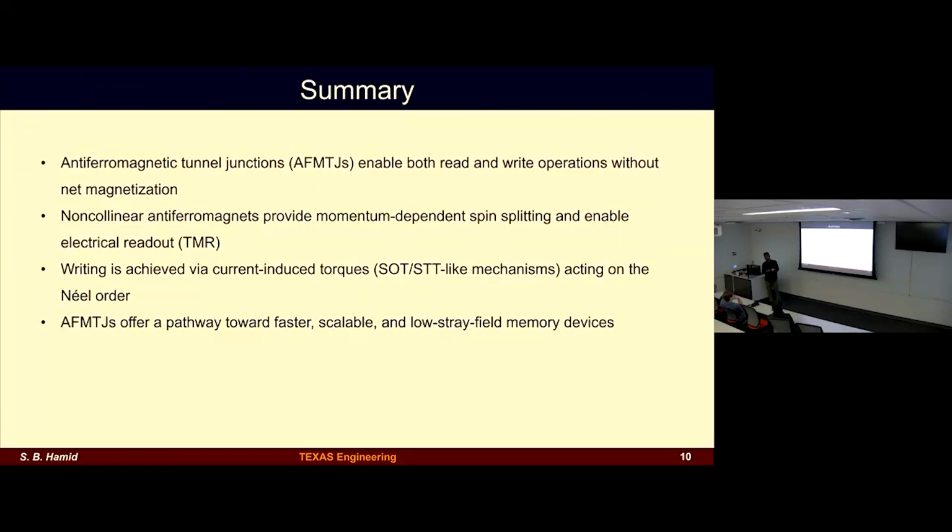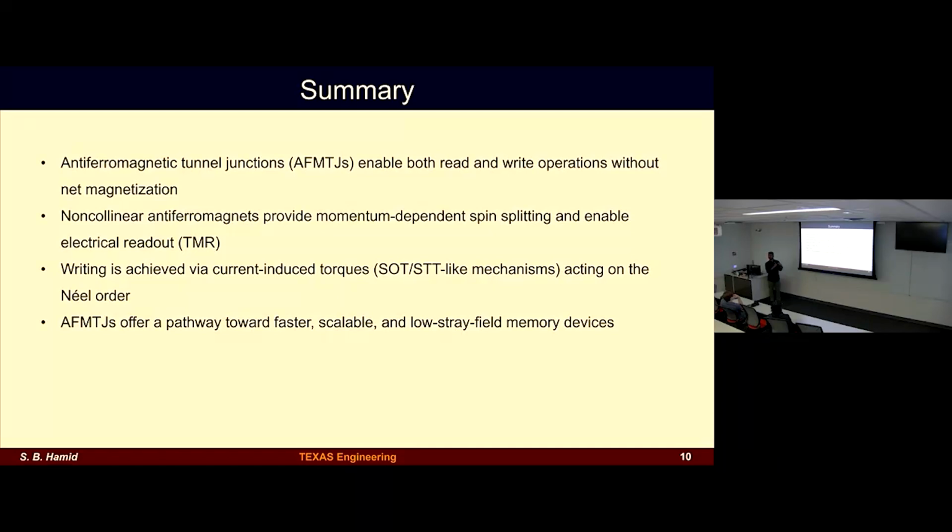So in summary, antiferromagnetic tunnel junctions can be used as regular tunnel junctions as well, but this is an ongoing research area. Especially for spin transfer torque, the theory behind it is still under debate. But initially, most of the research was focused on explaining how the tunnel magnetoresistance works.